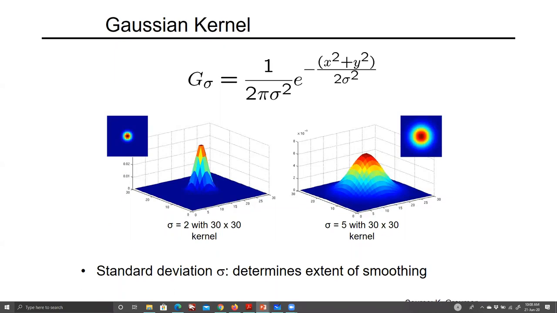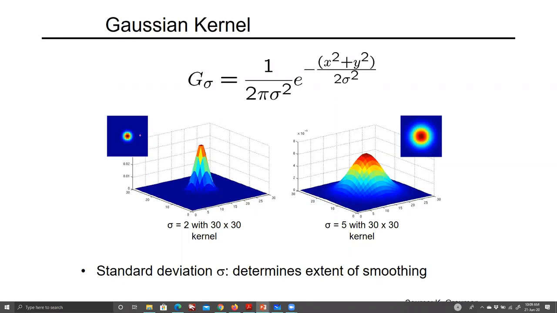I think you understand the effect of sigma, right? The standard deviation sigma determines the extent of smoothing. Guys, remember, if sigma is very small, what will happen? Come on, it's easy to visualize.